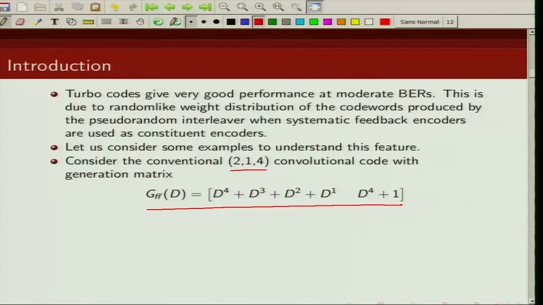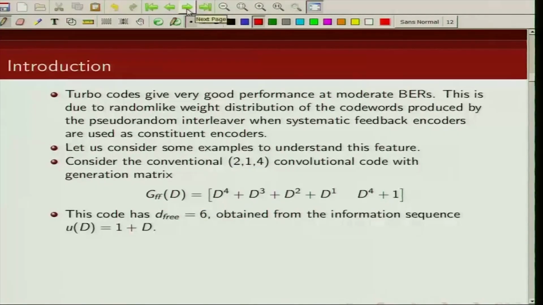So this is a feed forward encoder. Now this code has a free distance of 6, which is obtained when we feed an information sequence of the form U(D) equal to 1 plus D. So this is of the form input sequence 1 1 and all zeros.